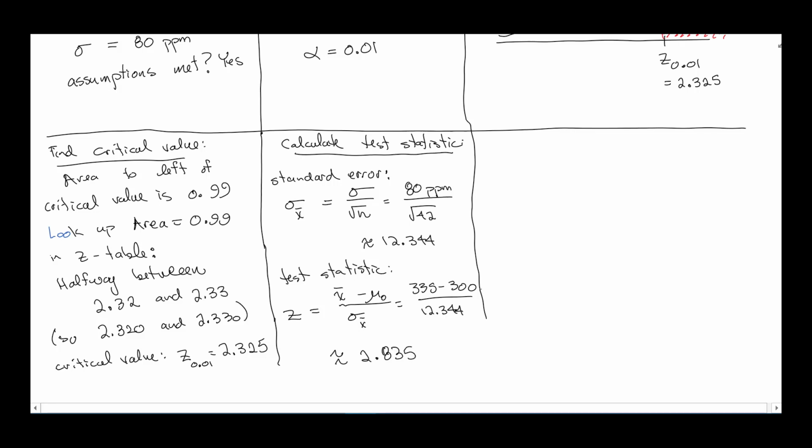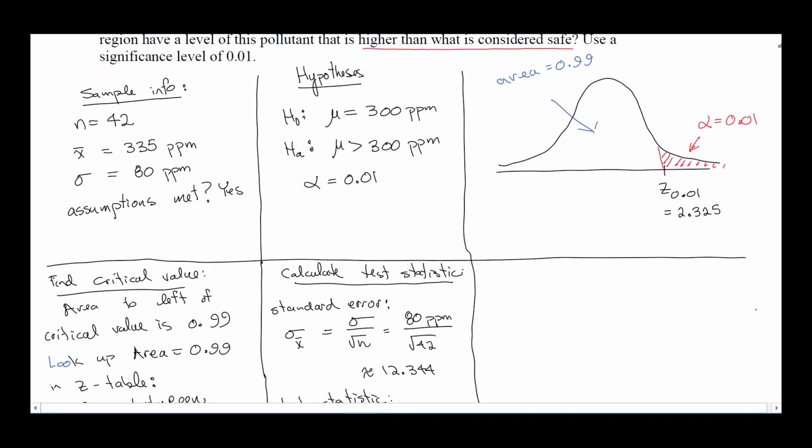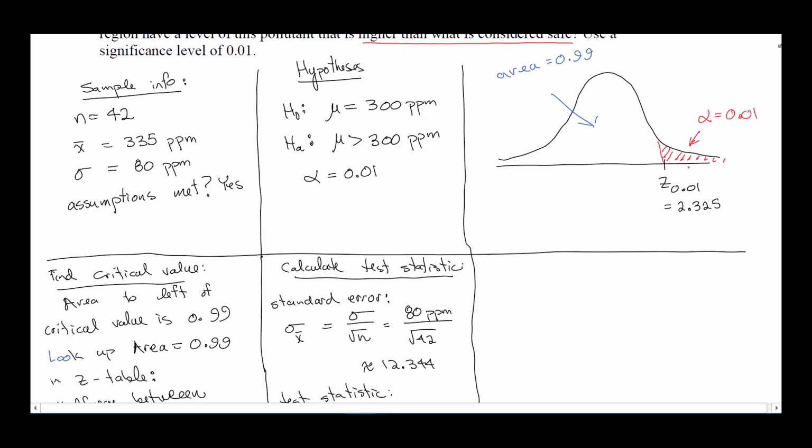Okay, so now what I'm going to do is I'm going to take that 2.835 and I'm going to go find where it belongs on my picture. And I'm going to look to see if it's in the rejection region or not. So 2.835. Yep, so that is going to be beyond 2.325. So that's going to be over here somewhere.